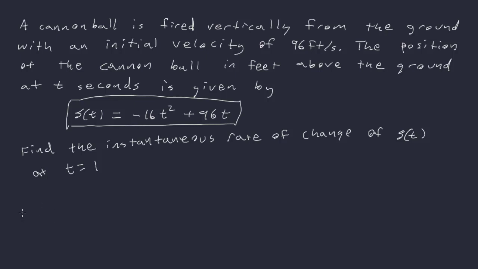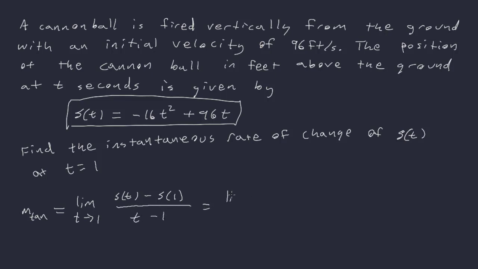So the instantaneous rate of change, which will also be called f tan, is going to be the limit as t goes to 1 of s of t minus s of 1, all over t minus 1.